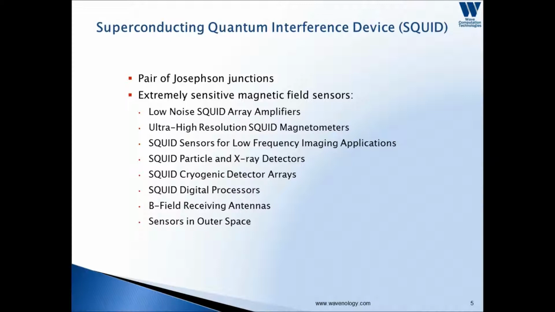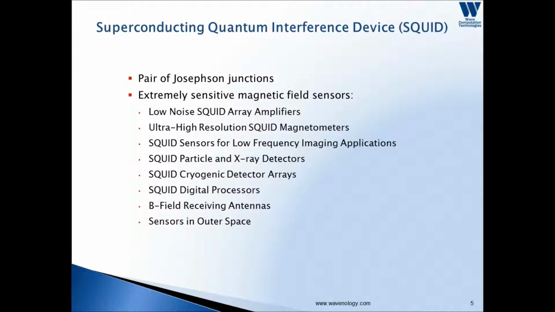The nice feature of this device is that it's extremely sensitive to the magnetic flux flowing through this loop. Because of this feature, being very sensitive to magnetic fields, we have a lot of novel applications. For example, low noise squid array amplifiers, high resolution squid magnetometers, and squid sensors for low frequency imaging applications.